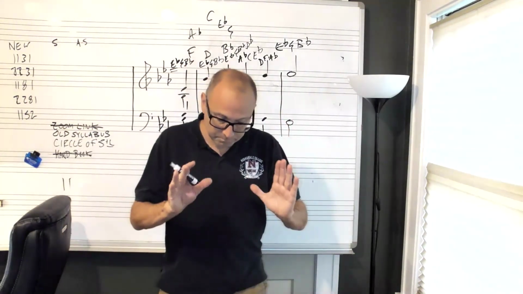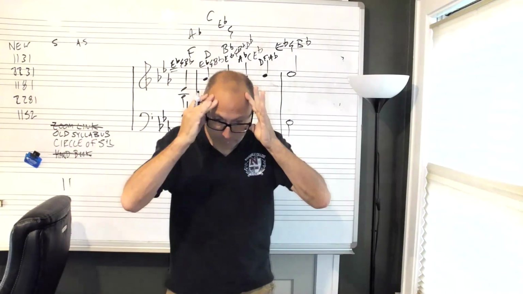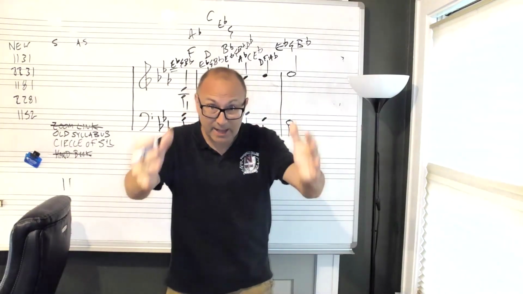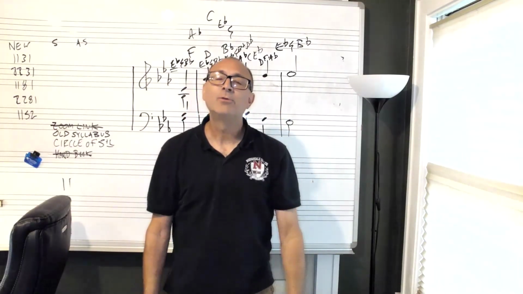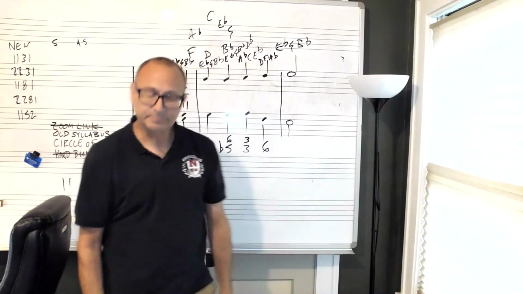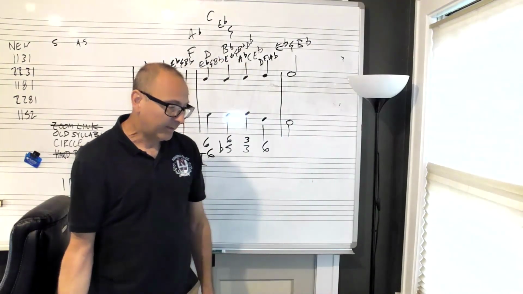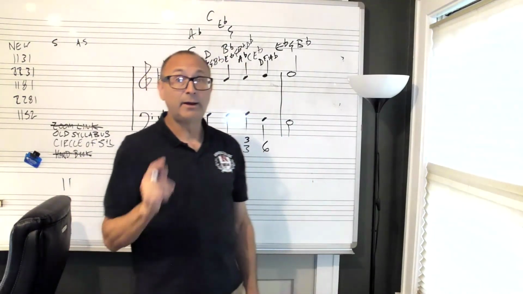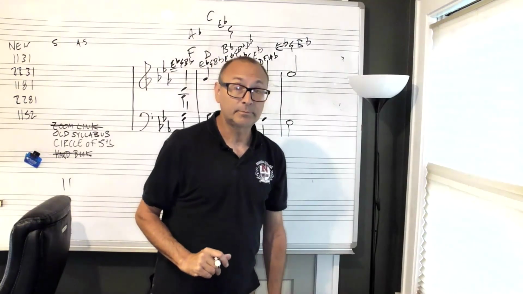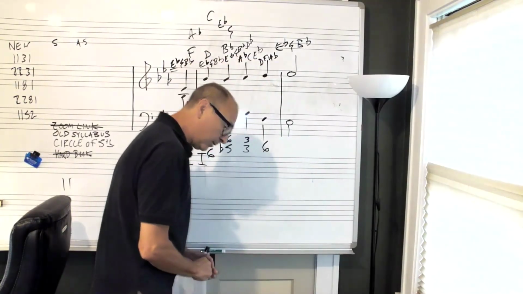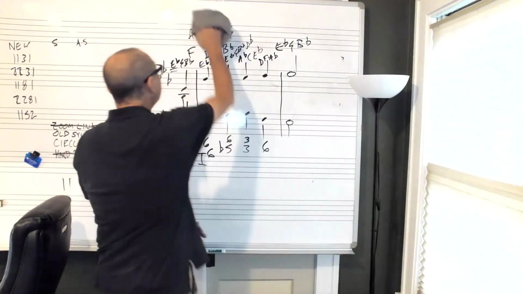Okay? So next step: in what key is E flat the dominant? We've got to solve that problem. The answer is found on the circle of fourths, which is another circle.